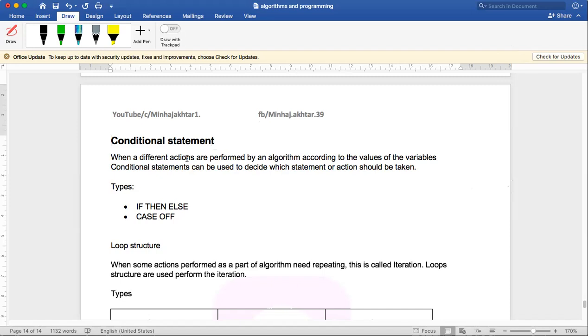Okay, the next topic is conditional statements. In computer science O levels, we have 2 types of conditional statements: if then else and case of.